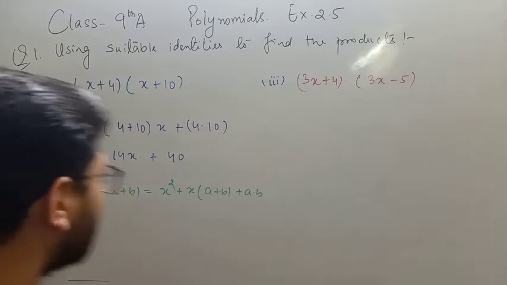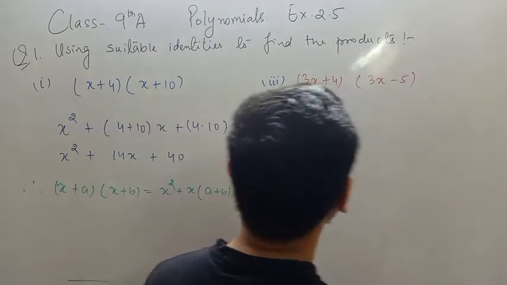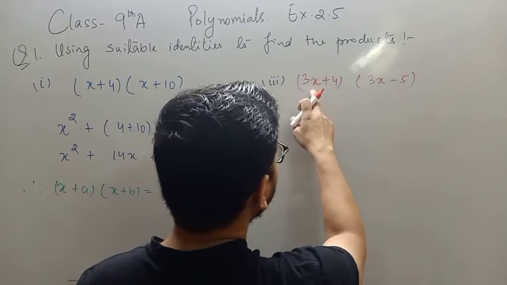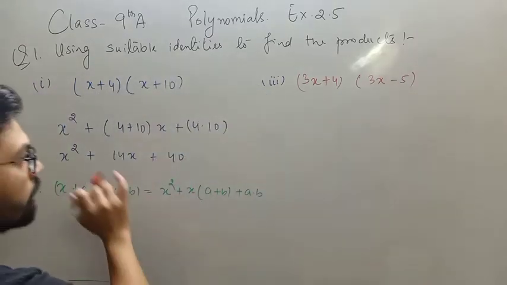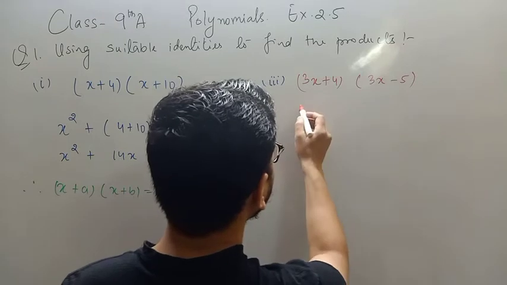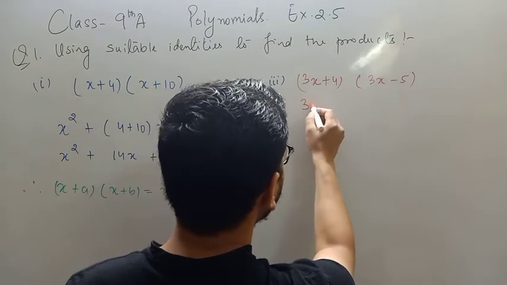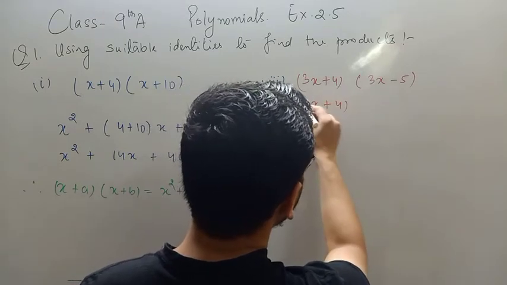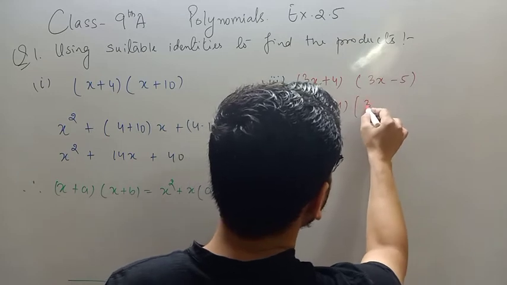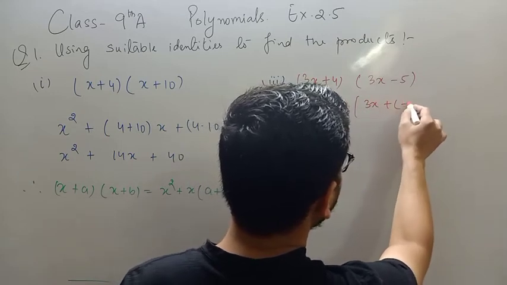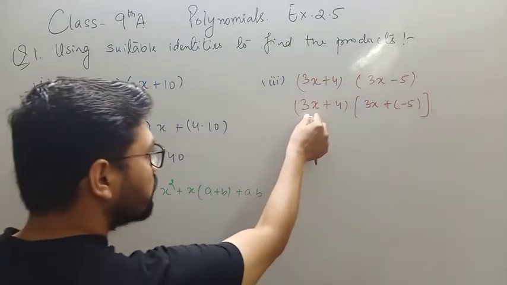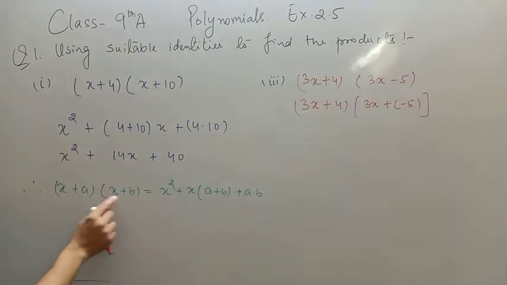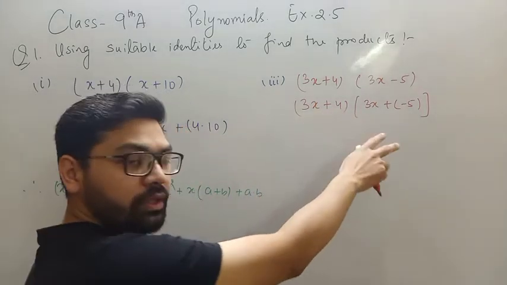Now the second part is for your homework. Again, (3x plus 4)(3x minus 5), you can apply this property. You can write (3x plus 4)(3x plus minus 5). This is the same as (x plus a)(x plus b), so it follows the same identity.